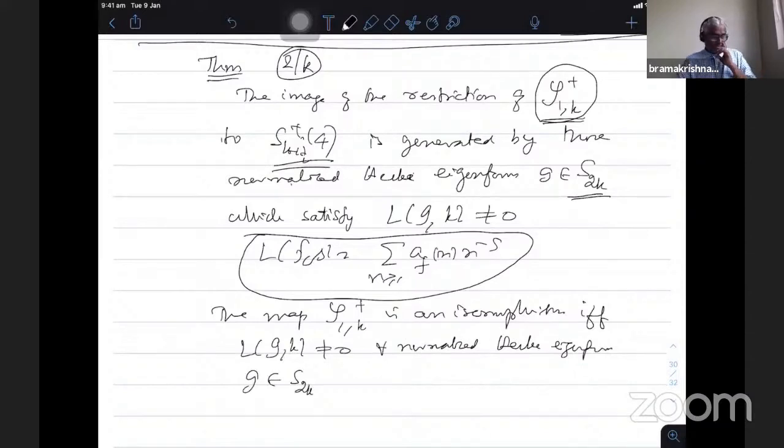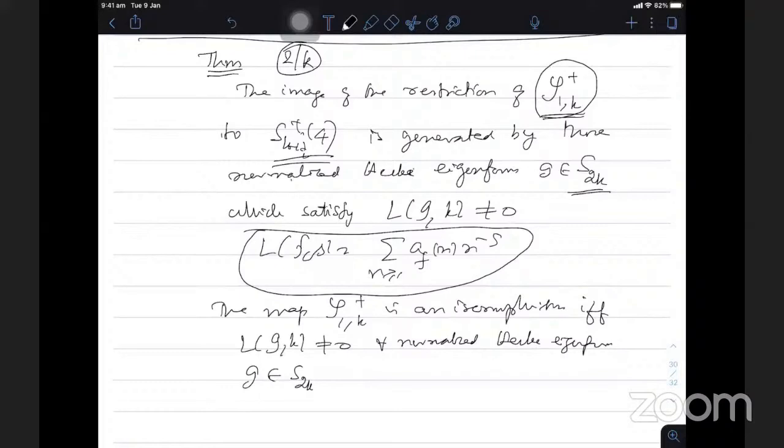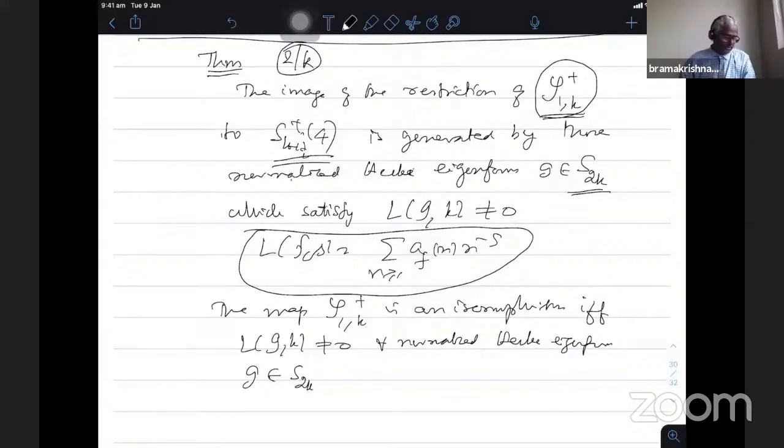So that is the next theorem he proves. For that, he makes use of a result of Zagier, which is nothing but a generalization of Rankin's idea. So let me see how much time I have. Can I go up to 1? Yeah, I think because you started 15 minutes late. Okay, I'll go up to 1 and then I'll see how it goes.